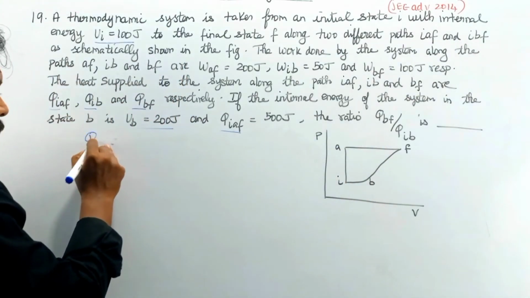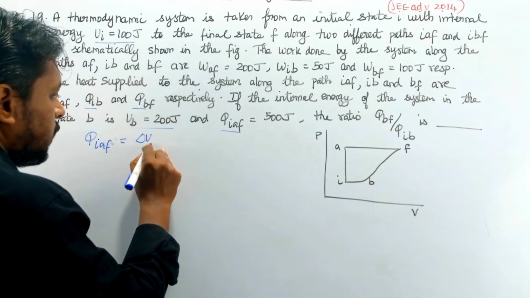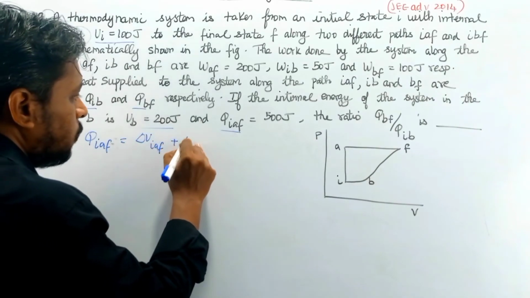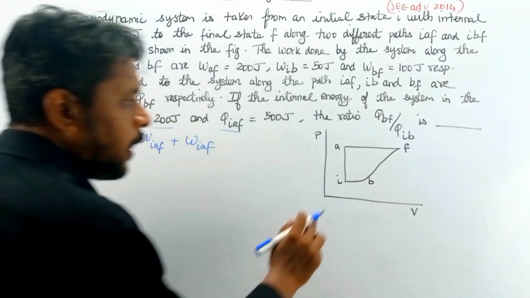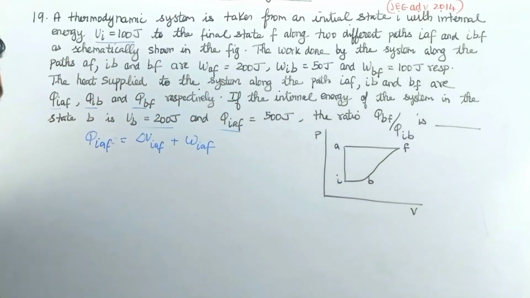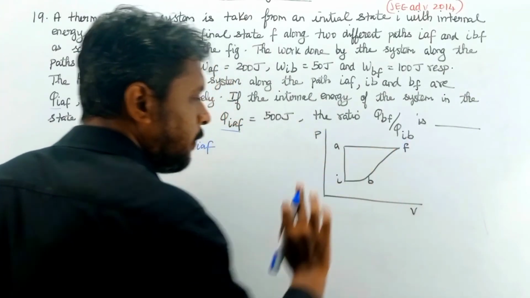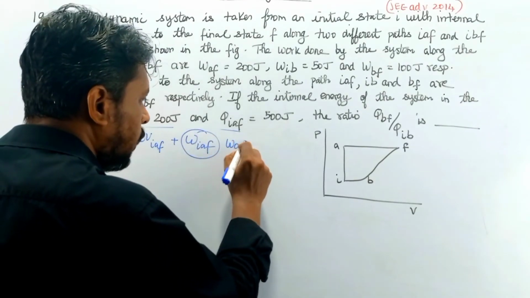You know that QIAF, from the first law of thermodynamics, is nothing but the change of internal energy along IAF plus the work done along IAF. From I to A it is a constant volume, so there is no work done; there is work done only along A to F. So WIAF can be written as WAF.